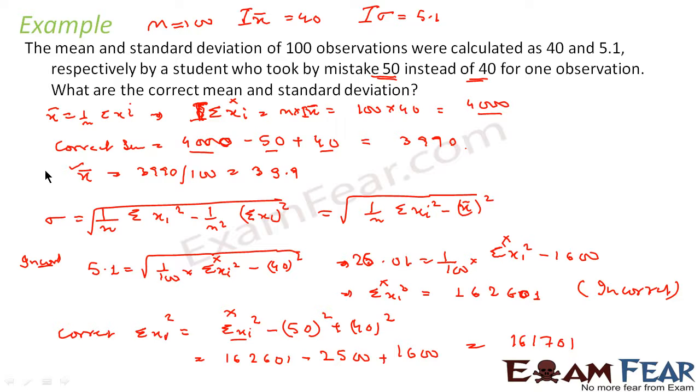I have got the correct mean, and I have got the correct sum of squares also. Now using this I can find the value of the correct standard deviation. We know that standard deviation is nothing but the root of sigma xi square by n minus mean square. We know the value of all these.